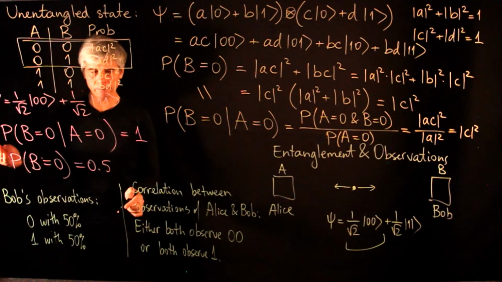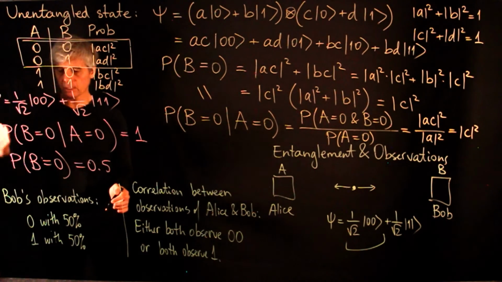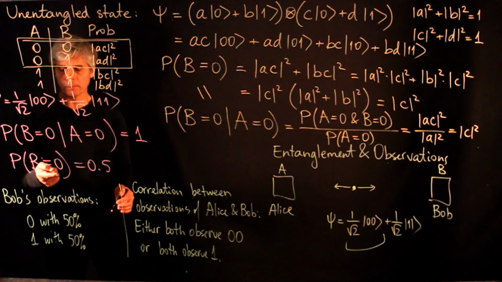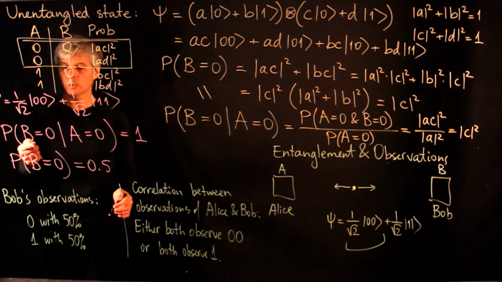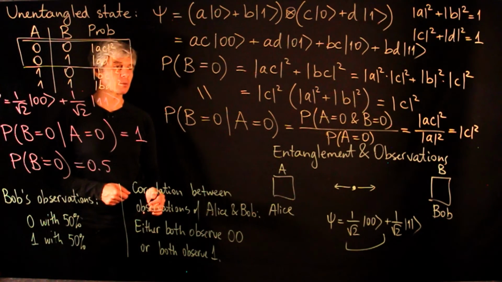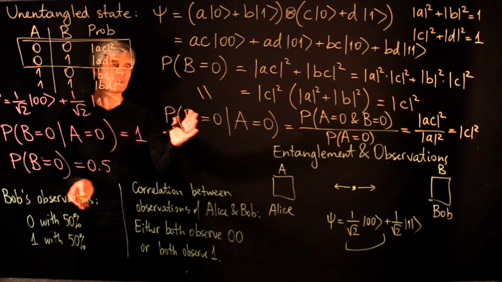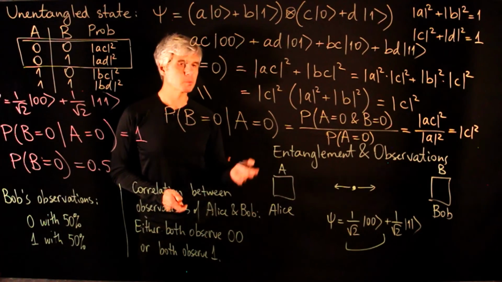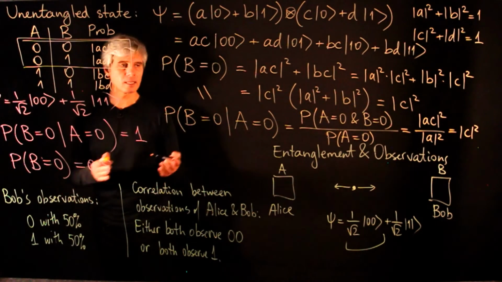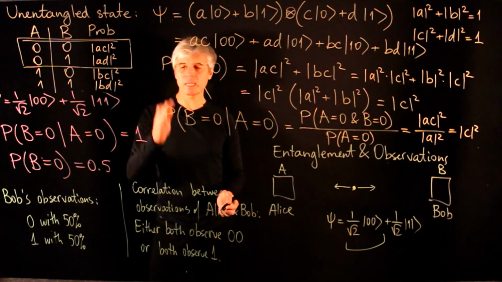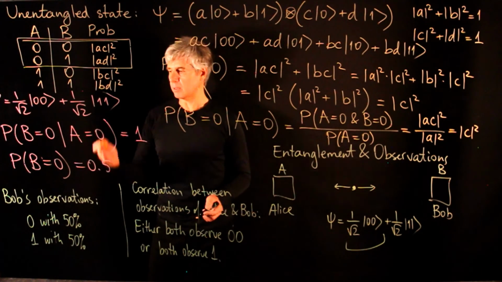Whereas for entangled states, this equality fails, right? So the probability of Bob observing 0 is not equal to the probability of Bob observing 0 under the condition that Alice observes 0, right? So here we see a clear difference in results of observations between entangled states and unentangled states. In entangled states, there might be a correlation.